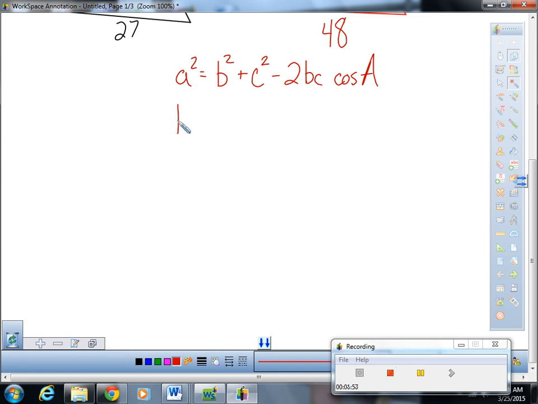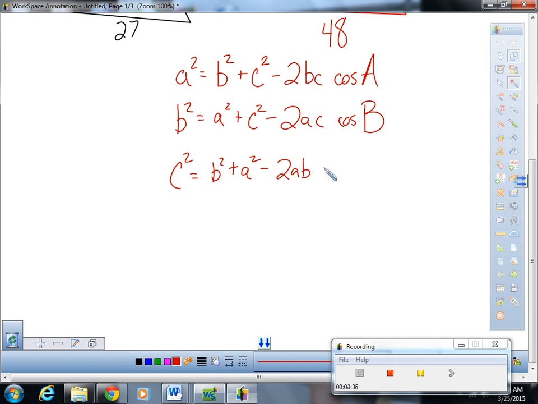So our second equation will be b squared equals a squared plus c squared minus 2ac times the cosine of B. And then the final law of cosines will be c squared is equal to b squared plus a squared minus 2ab cosine of capital C. So those are the three laws of cosines, but you can see that they're just repetitive versions of each other.